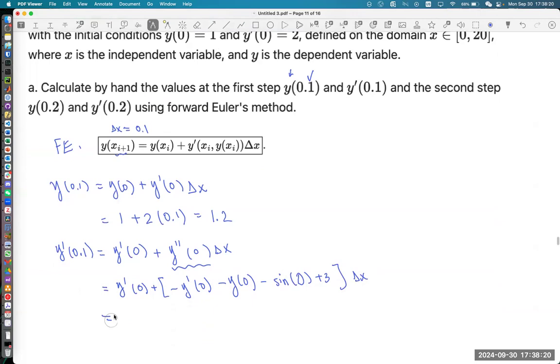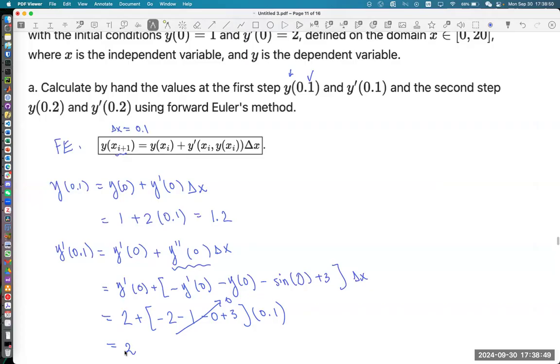And since we already know the derivative's initial condition is 2, it is 2 plus minus 2 minus 1 minus 0 plus 3 times delta x, 0.1. And this is minus 3 plus 3, so this is 0. So the first derivative at the first time step is still 2.